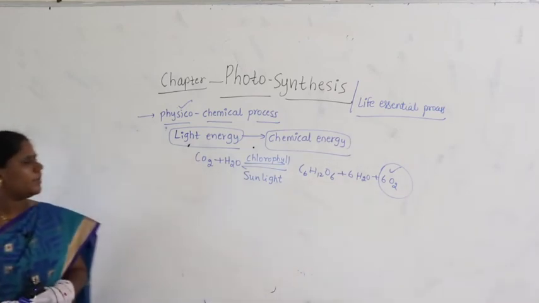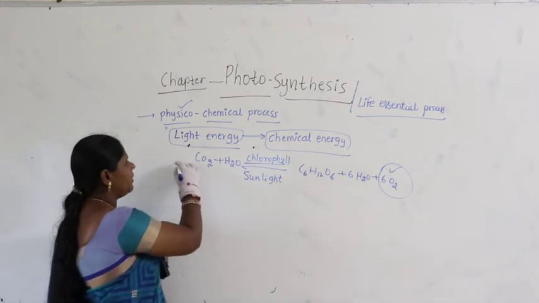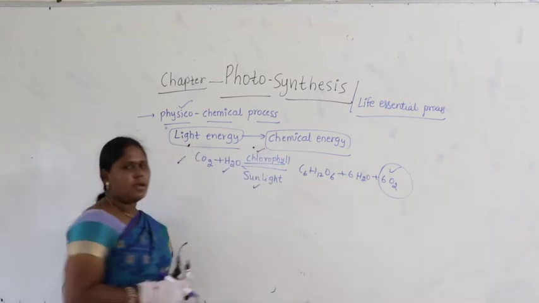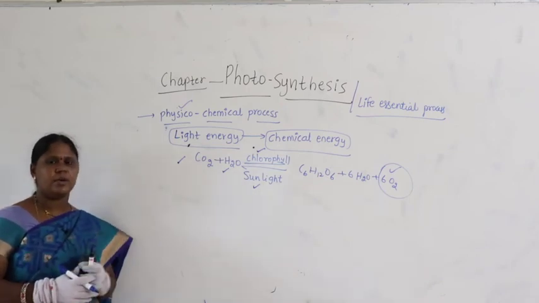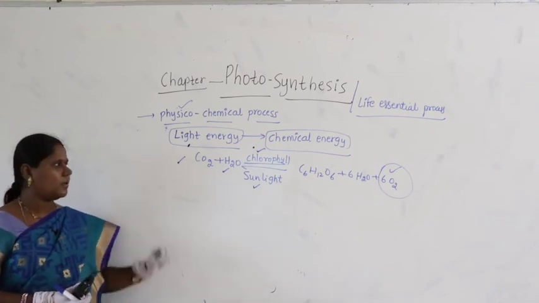Right. Now, today we know very confidently that the photosynthesis process needs carbon dioxide, water, chlorophyll, and sunlight. But earlier, people had not discovered at a time that these are the requirements.